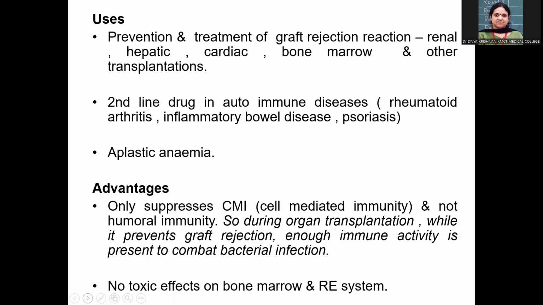Otherwise, if it were to suppress both the cell-mediated and the humoral immunity, the person would be subjected to many opportunistic infections. But the advantage of this drug is that it only suppresses the CMI and not the humoral immunity. So there is adequate immunity left in the body to combat bacterial infection. It also doesn't cause any toxic effects on the bone marrow or the RE system.